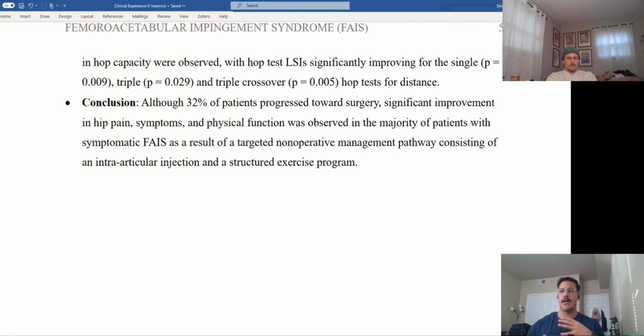So they were able to minimize that. Overall, it shows that rehab with a minimally invasive injection can produce pain relief for the patient and promote better healing overall.